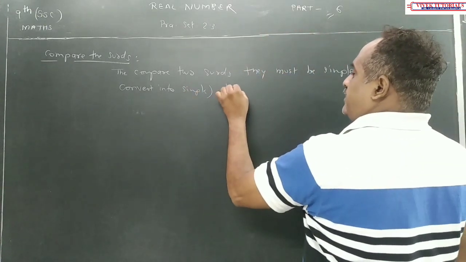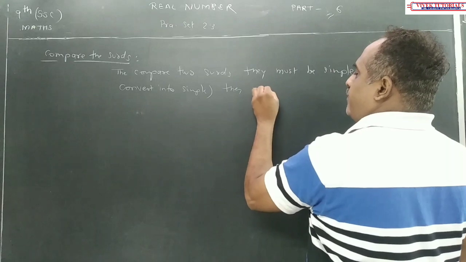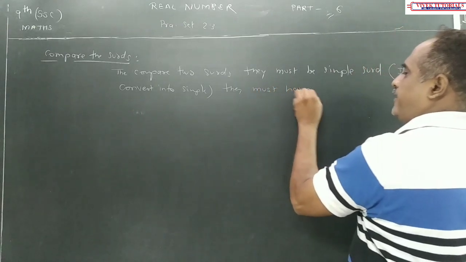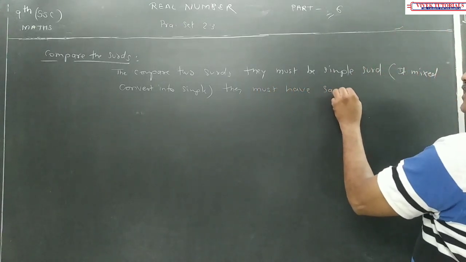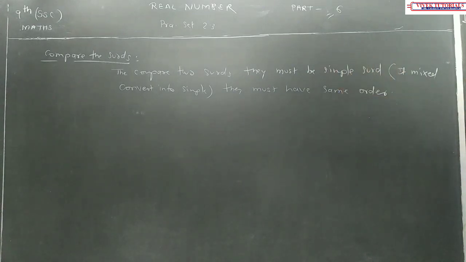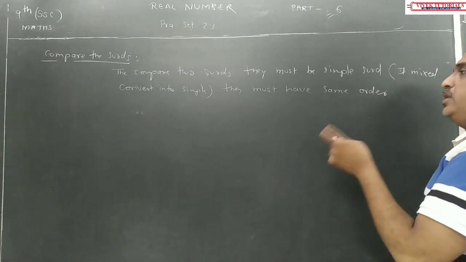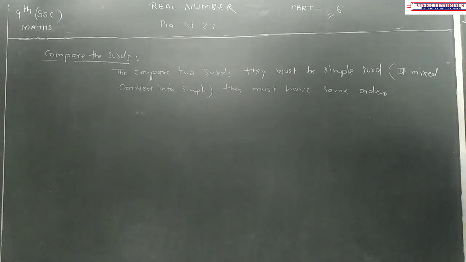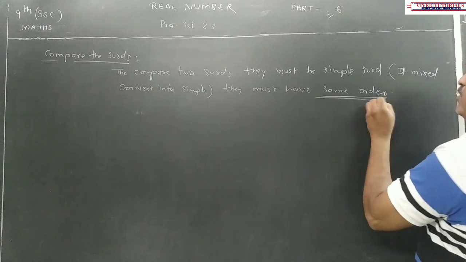They must have the same order. Means if one surd is of order 3 and one surd is of order 2, it will not work. Even then we have to make the order of both the same. In the last syllabus it was there. Now it is not there in this syllabus, so you don't have that headache. But it is necessary that they should have the same order.